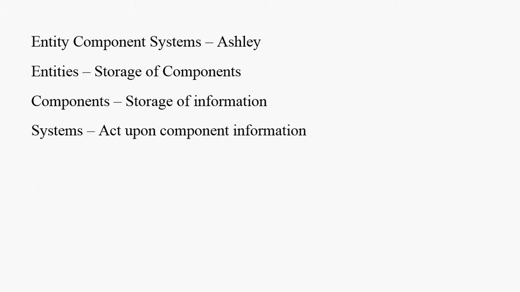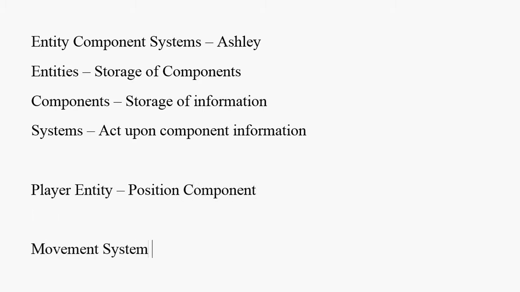For example, there might be a player entity, which has a position component. There might be a movement system that acts upon anything with a position component. It would get that through a get method for all the entities that have a position component. And then it would increase x or y or something.